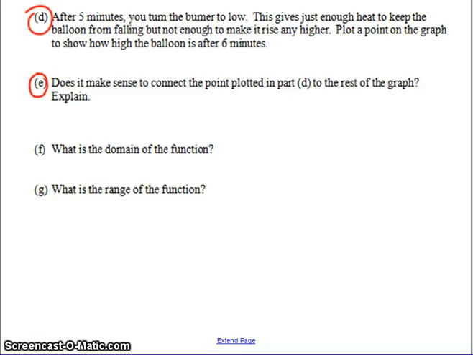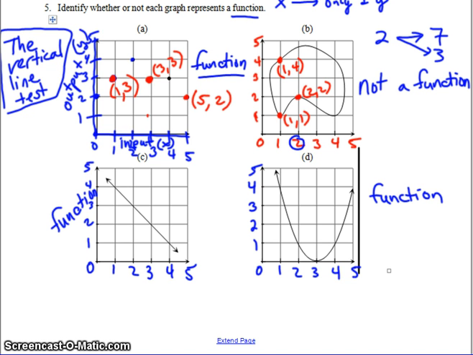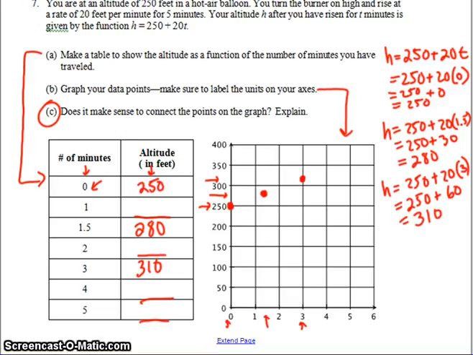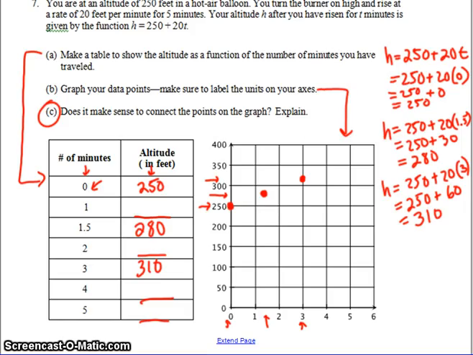What's the domain of the function? Let's talk about that. The domain is what? We talked about domain earlier. If we look at our graph, the domain would be the amount of minutes you spend in the air balloon.